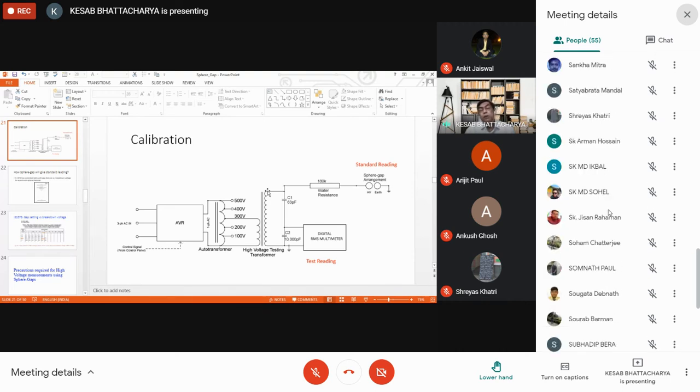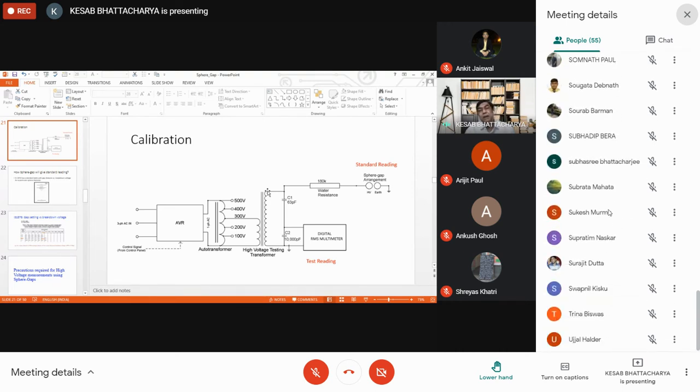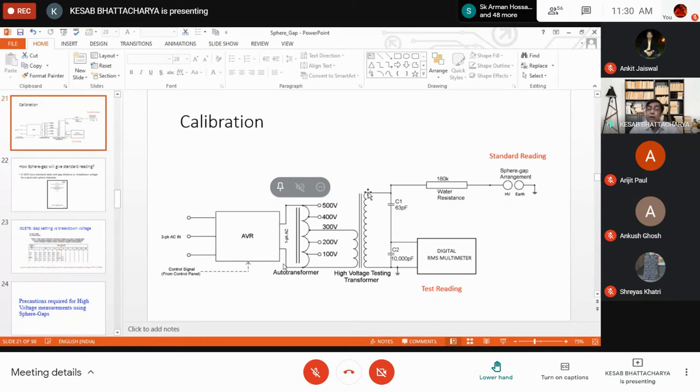So the maximum voltage drop will take place across the capacitance C1, and a small value of the voltage will be dropped across C2. Is that okay? Fine.